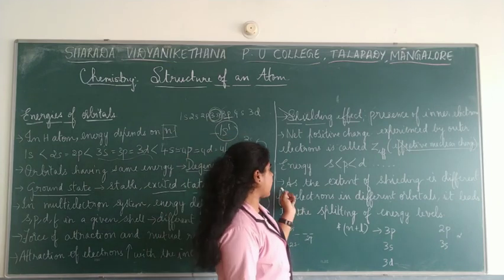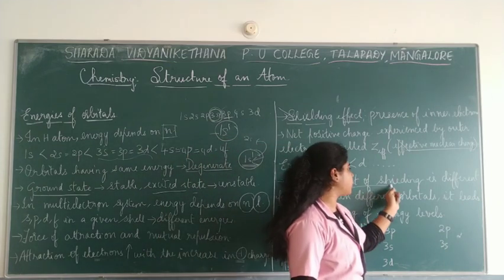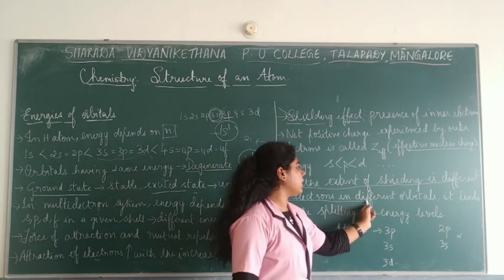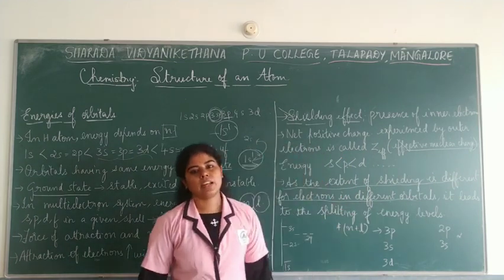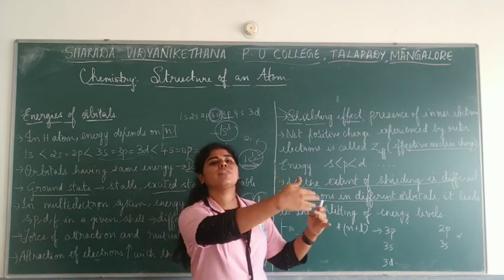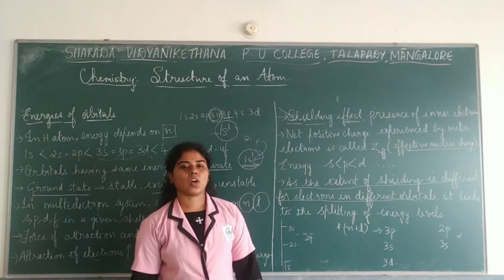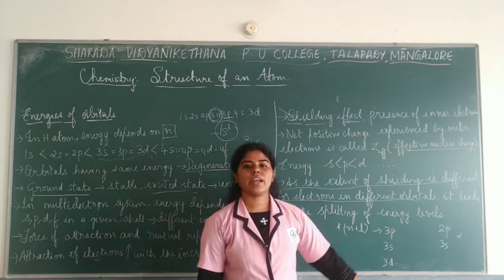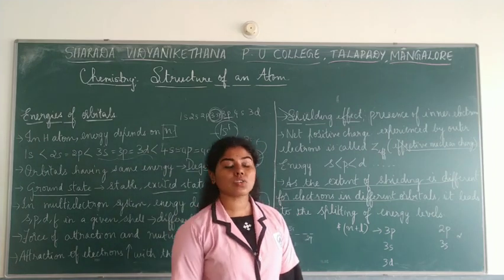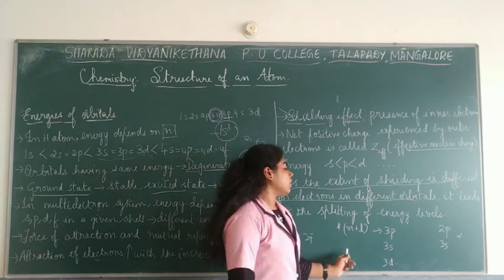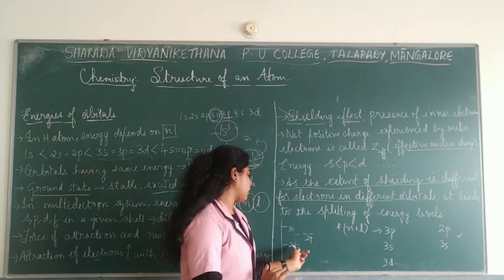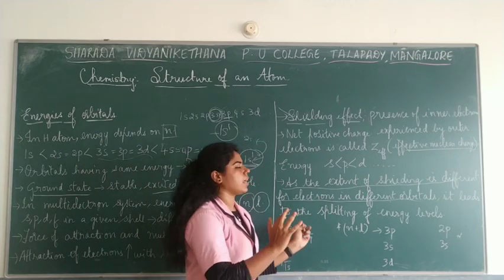This is the main thing to be understood here. As the extent of shielding is different for electrons in different orbitals, there is splitting of energy levels, and that is why the energies won't be equal as they are in the hydrogen atom. So first will be 1s, then 2s will have more energy than 1s, then 2p, then 3s, and so on.